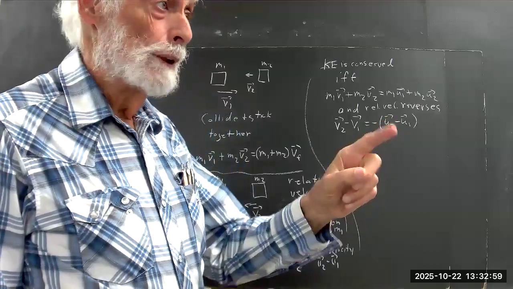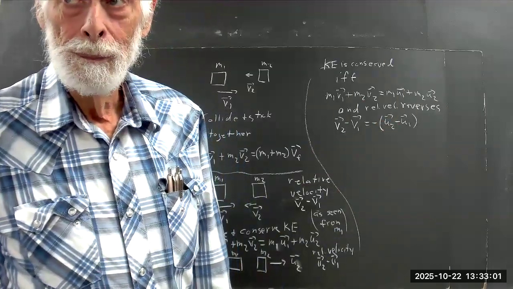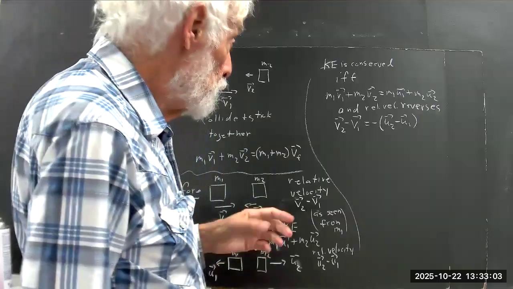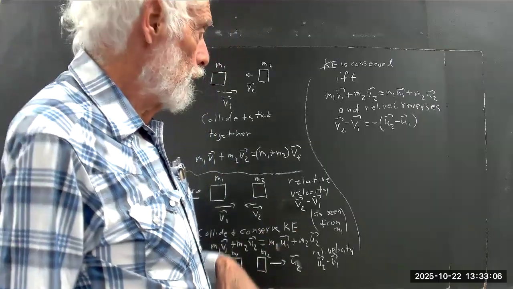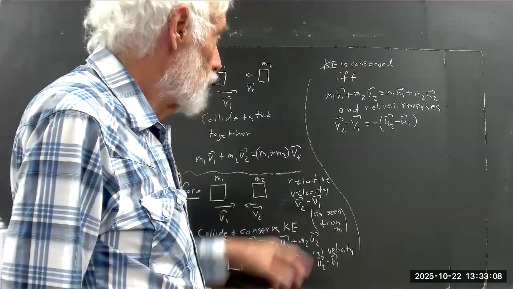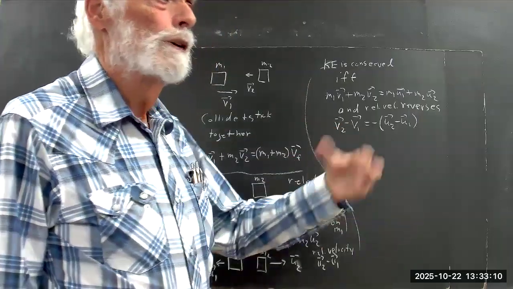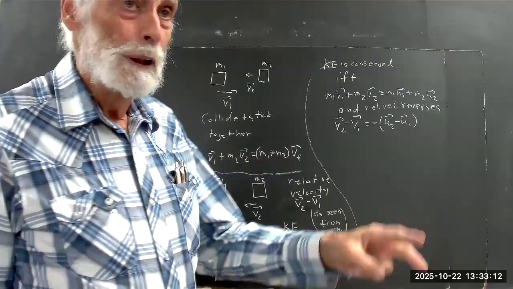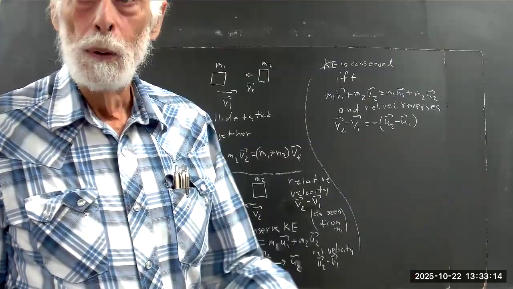Now this works in one dimension, it works in two dimensions. If it's in two dimensions, then you actually have two vector equations, even in three dimensions. But in two dimensions, you're actually going to have four equations.